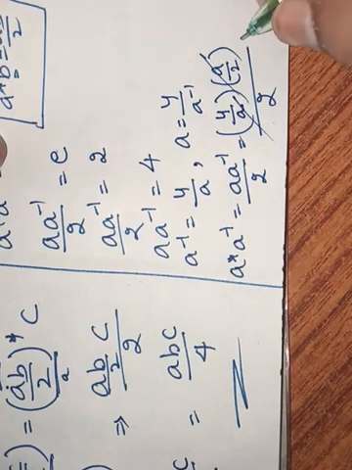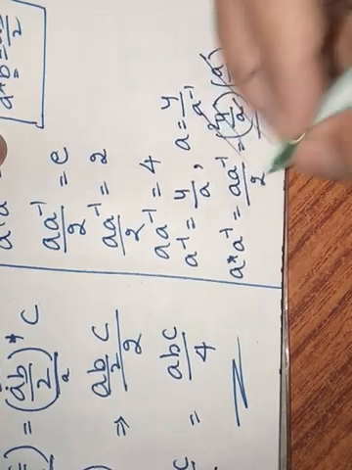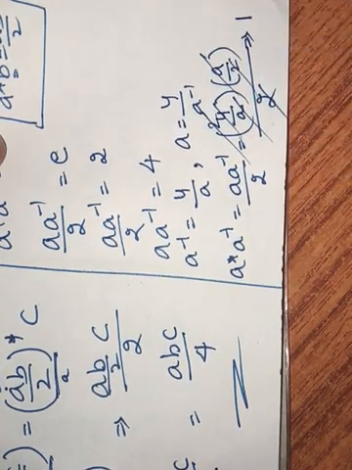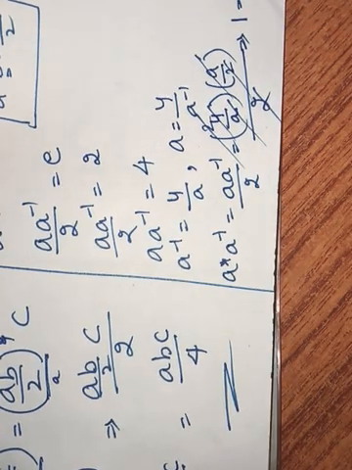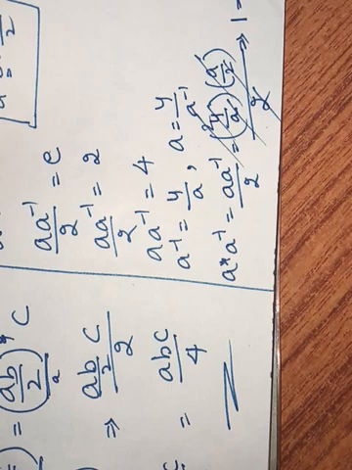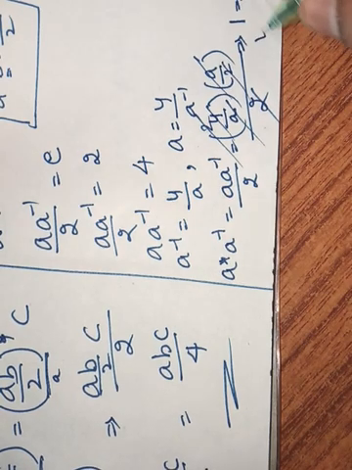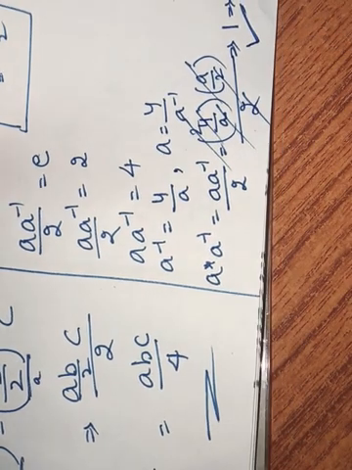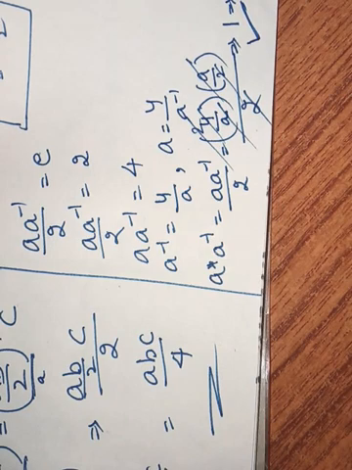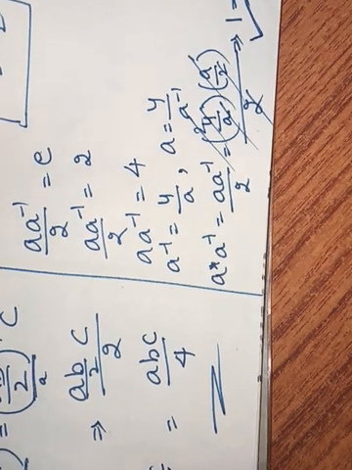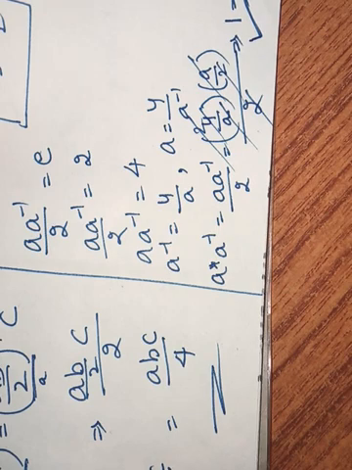This A will get cancelled, 2 ones are 2, 2 twos are 2 and the 2 will get cancelled, we will get 1. 1 is nothing but E. What I said, in multiplication the identity element will be 1. So hence the inverse property is also satisfied here. So we can say that it satisfies all the 4 properties of a group, then we can say it is nothing but a group.